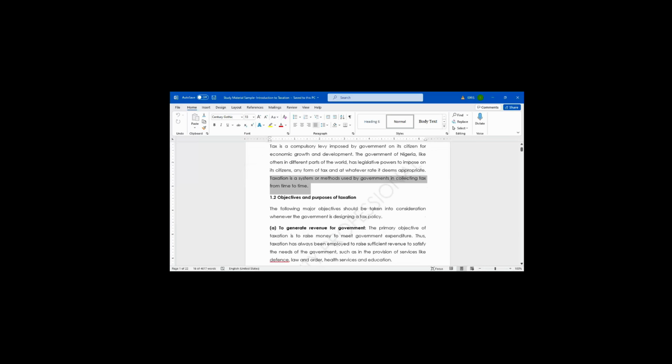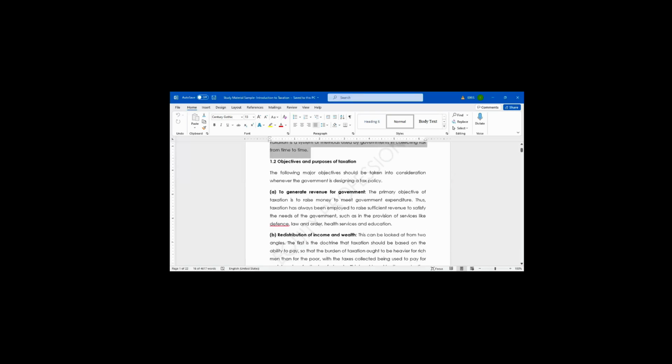Number one objective of taxation is to generate revenue for government, so that government can provide the needs of the citizens.